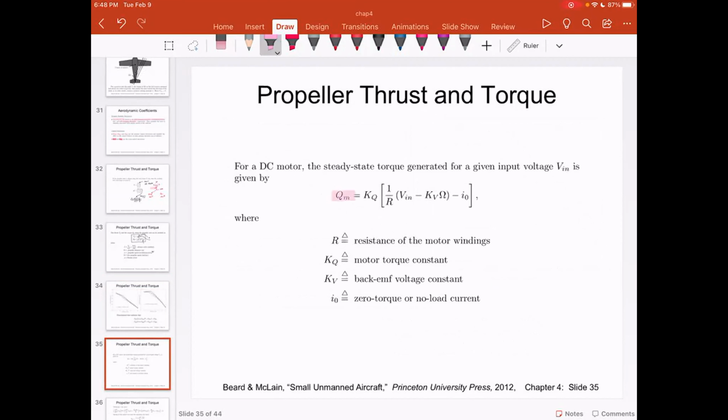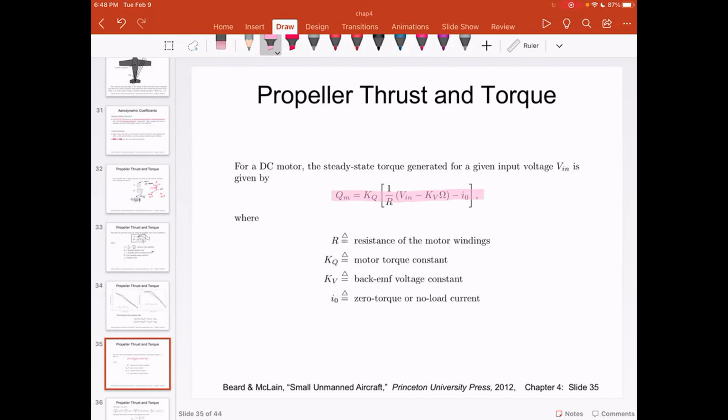For example, the torque given by a DC motor is given by KQ, which is the motor torque constant, 1 over R, which is the winding resistance, times V in minus KV times capital omega. KV is the speed coefficient, so that depends upon omega, which is the angular velocity, and I naught, which is the initial current.